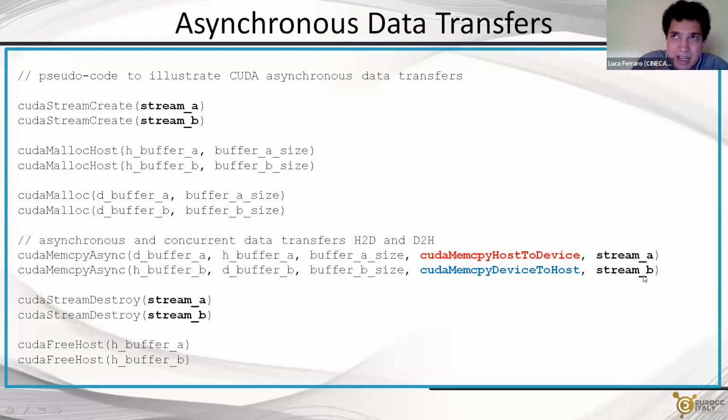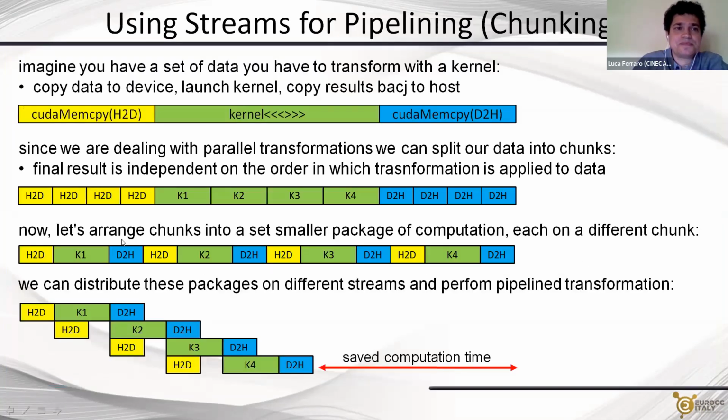Since the link is bidirectional, full duplex, these operations can run concurrently, because while data from host buffer A transits from the host to the device, data from device buffer B can transit back to host buffer B on the host side. This is very interesting.